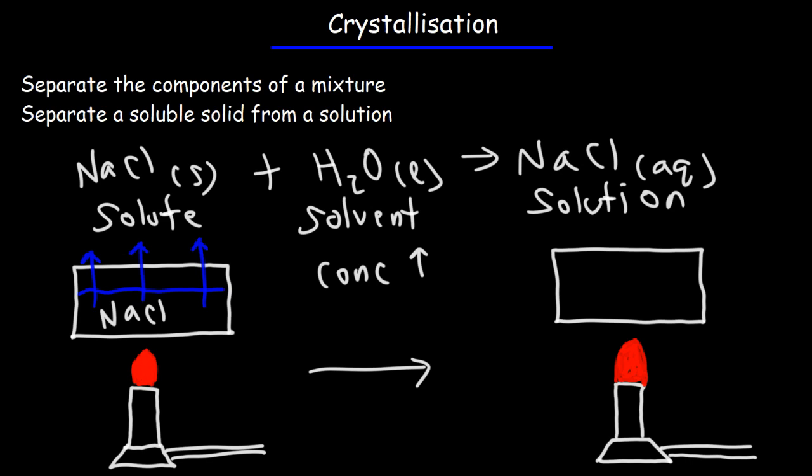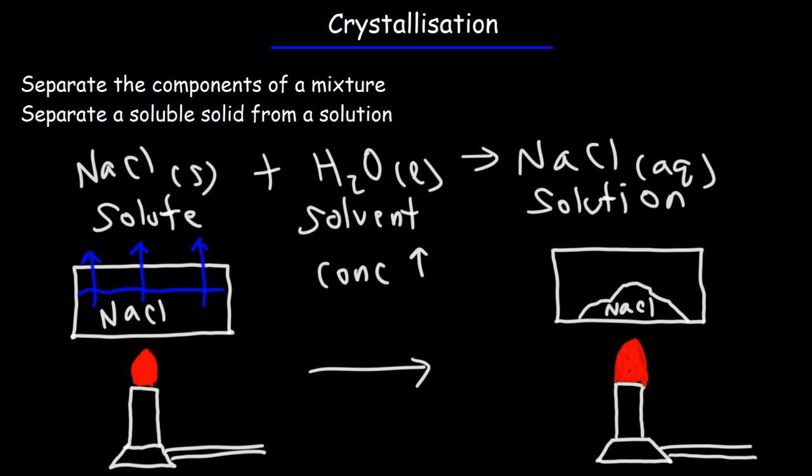You need to allow the solution to cool. And this will favor crystallization. So over time, as the water evaporates, the solid will crystallize. And so you're going to get this solid sodium chloride residue that remains. So that's crystallization. It's the process of separating a soluble solid from a solution.